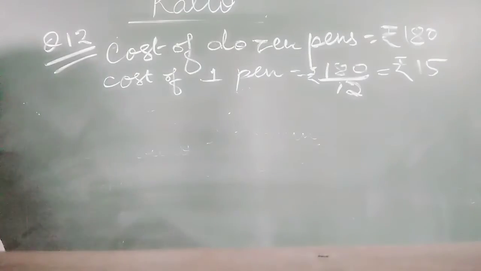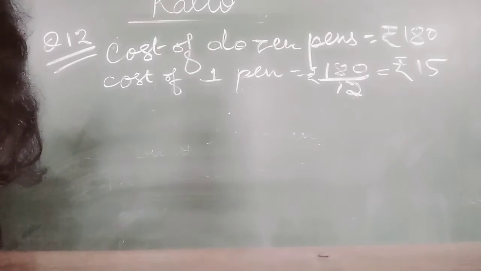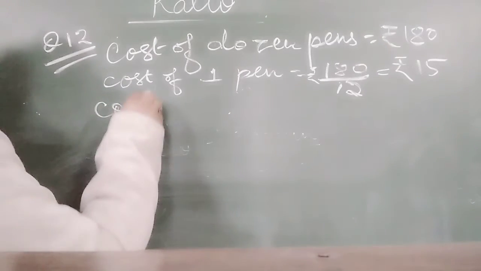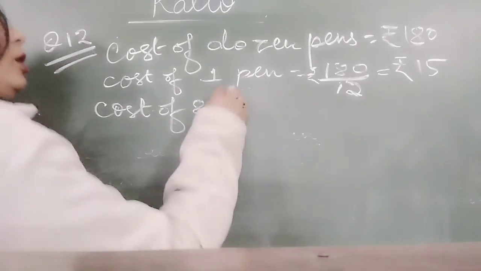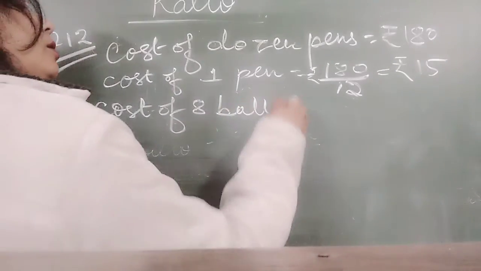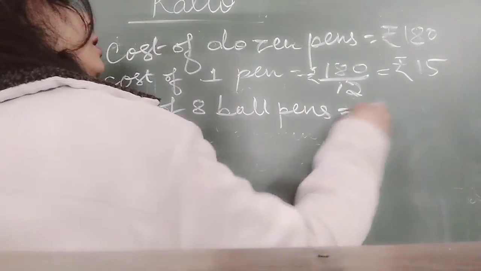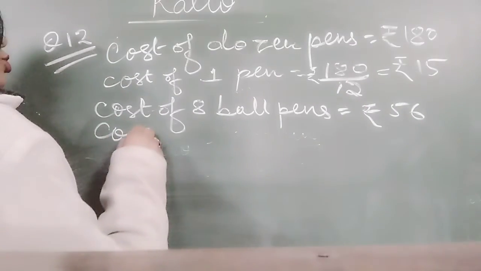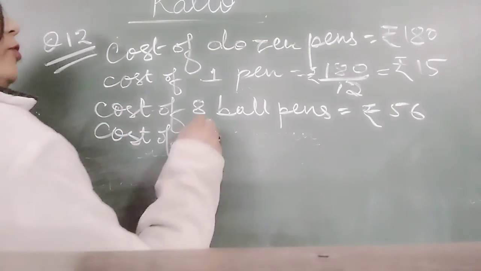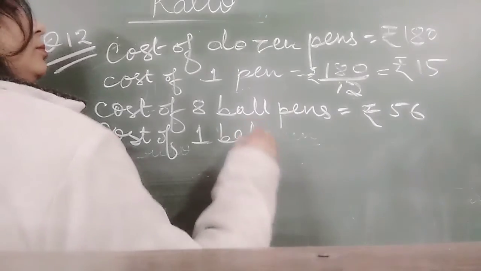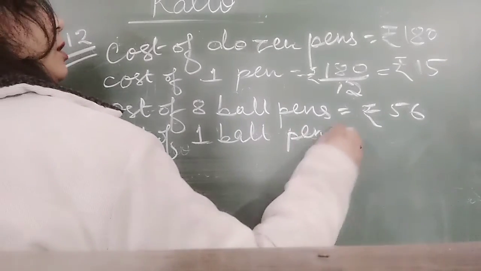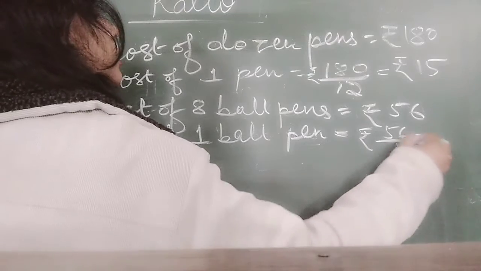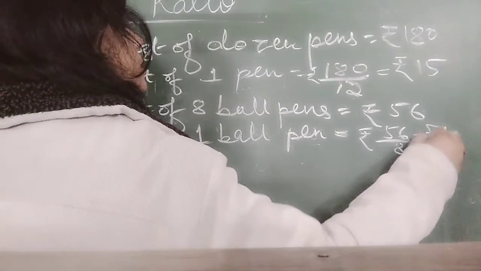That is rupees 15. Similarly, the cost of 8 ball pens is given. The cost of 8 ball pens is rupees 56. Then the cost of 1 ball pen will be rupees 56 upon 8, which is rupees 7.